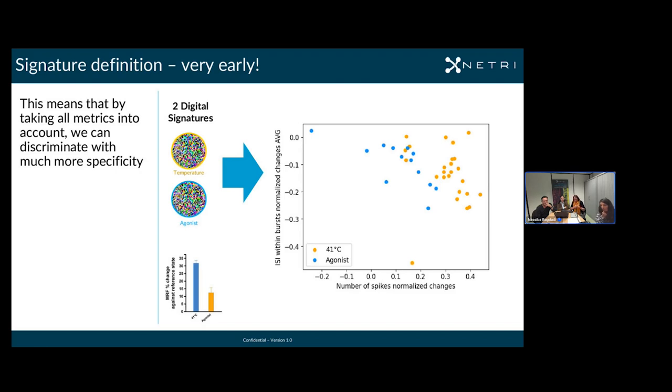And by doing a PCA, comparing two different metrics, we can see that we start to have a space in two dimensions where the two conditions start to be separated. It means that by taking more metrics into account, we can discriminate with more specificity.